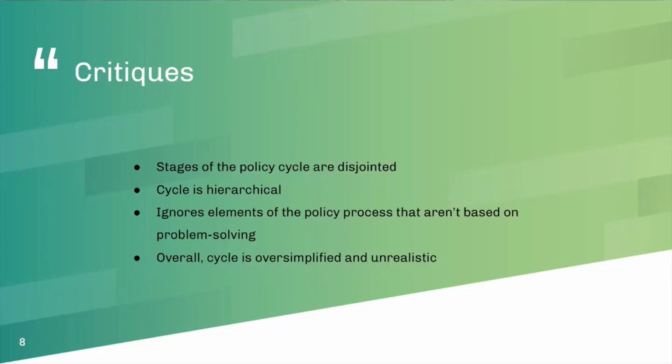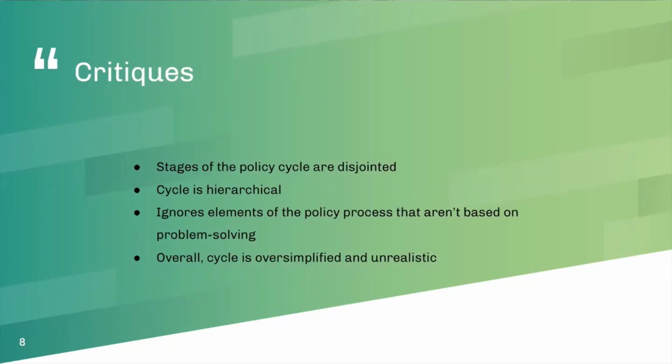The policy cycle, again, is based on a top-down perspective, looking more at governments and administrators than the public at large. Other critiques say that the cycle ignores elements of the policy process that are not based in problem solving, so any nuance is lost.